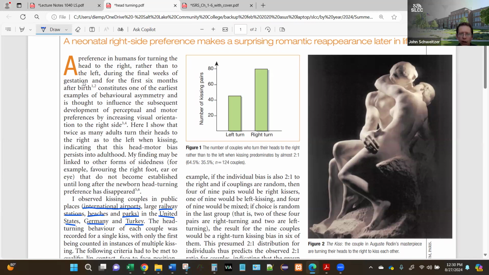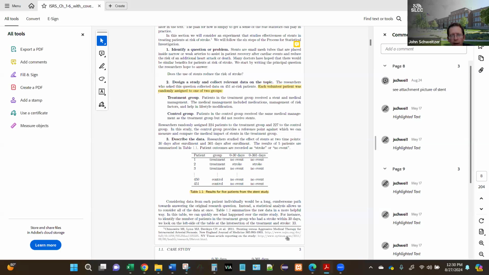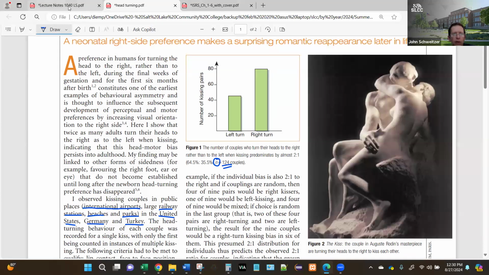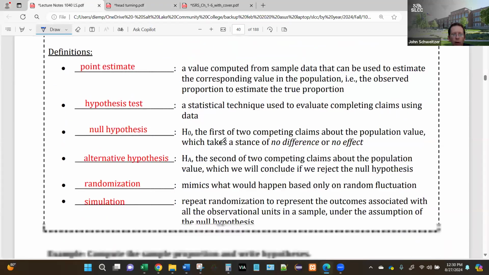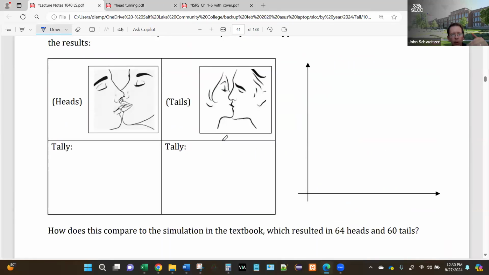And so he watched 124 couples. Notice the lowercase n, that's our sample size. And he watched them kiss. I know it sounds kind of weird, but what does kissing have to do with head turning? Well, think about it. When people go in to kiss, they tend to turn their head one way or the other, because they don't want to bump noses.